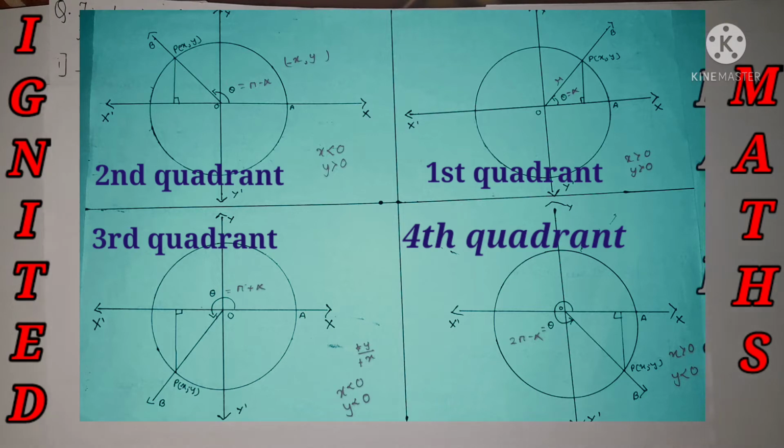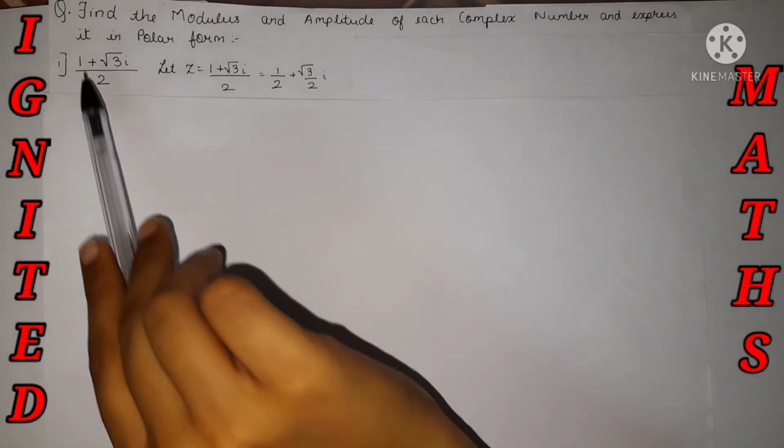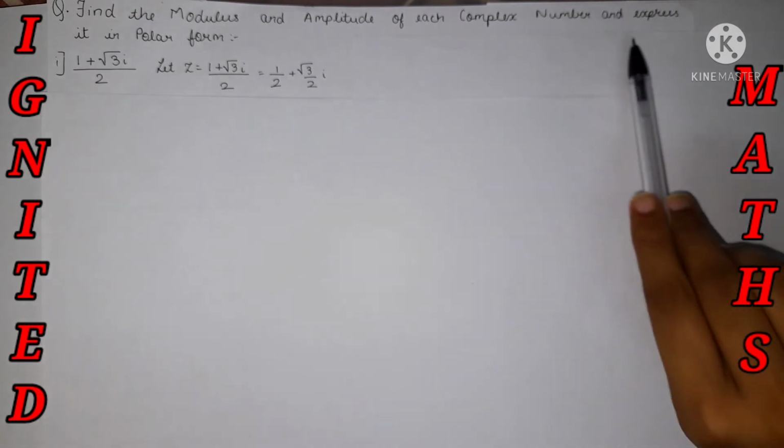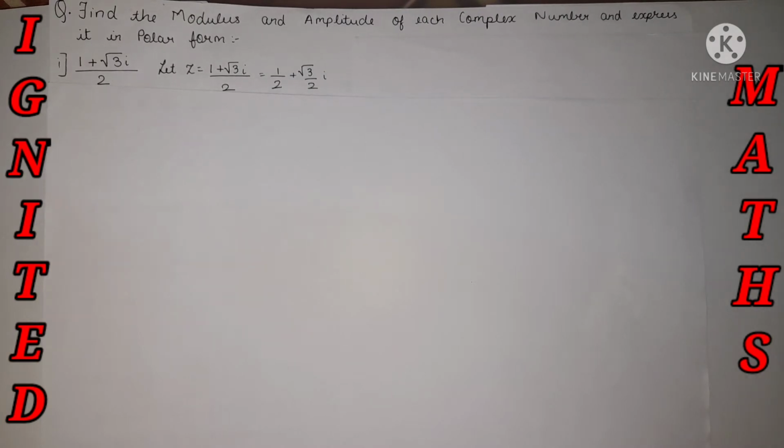The question is: 1 plus root 3i divided by 2. What we need to do is find the modulus and amplitude of each complex number and express it in the polar form. The polar form of z is equal to r cos theta plus i sin theta.